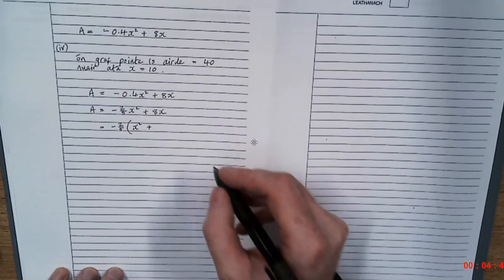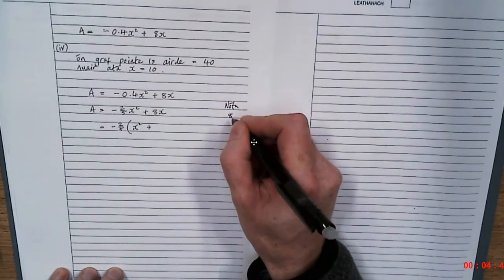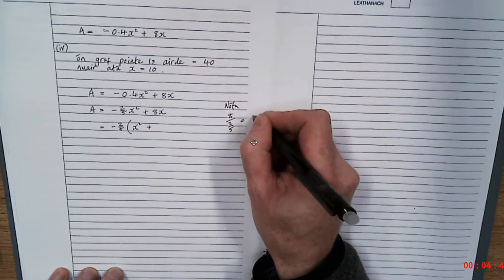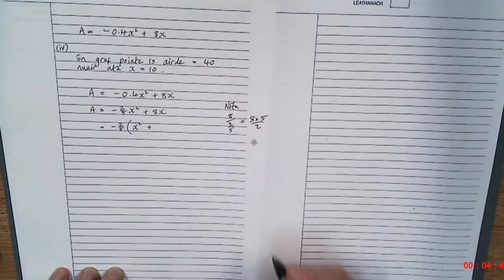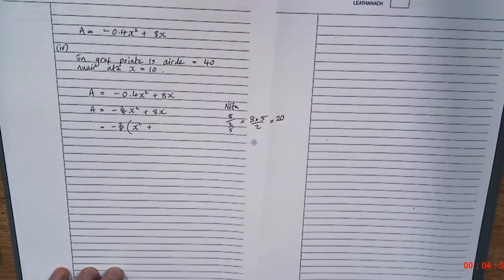Right, now I'm going to take half of the coefficient of x and write it in the bracket.